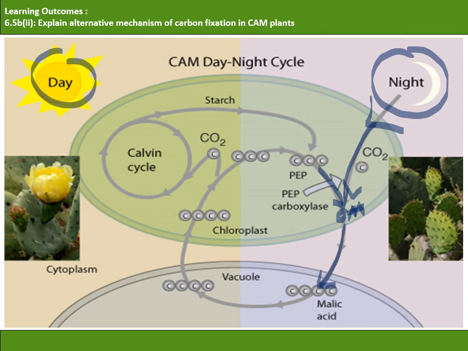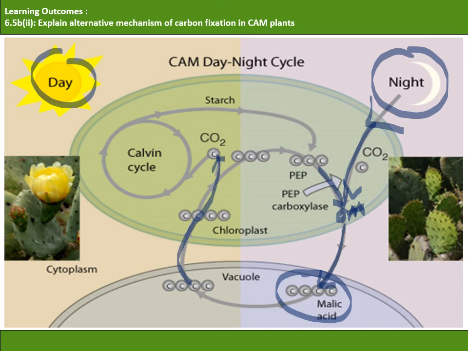So what happens? The malate, or malic acid, in the vacuole will be released from the vacuole and decarboxylated. It goes into the chloroplast again and decarboxylation takes place, releasing carbon dioxide. Malate forms carbon dioxide and a 3-carbon compound.